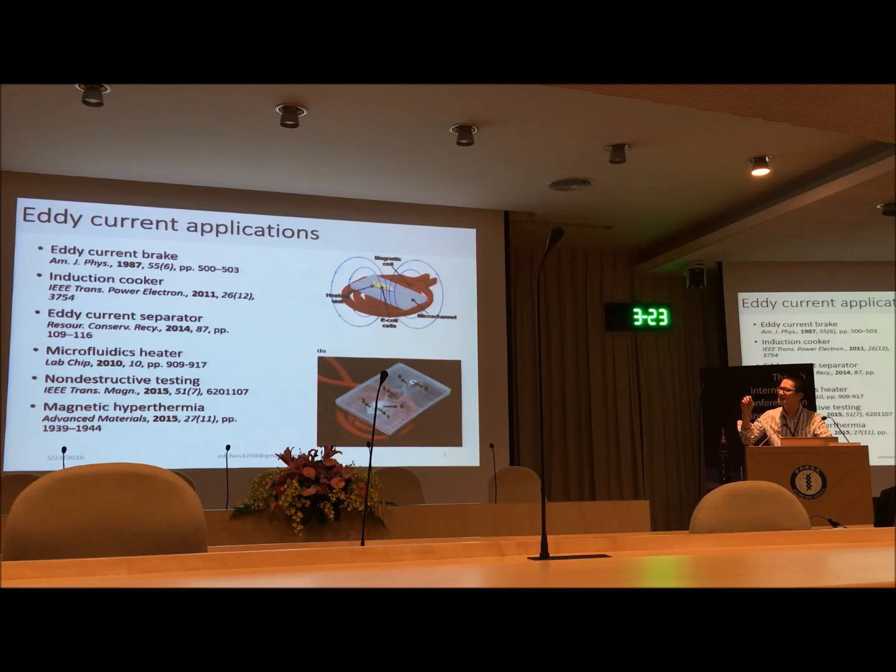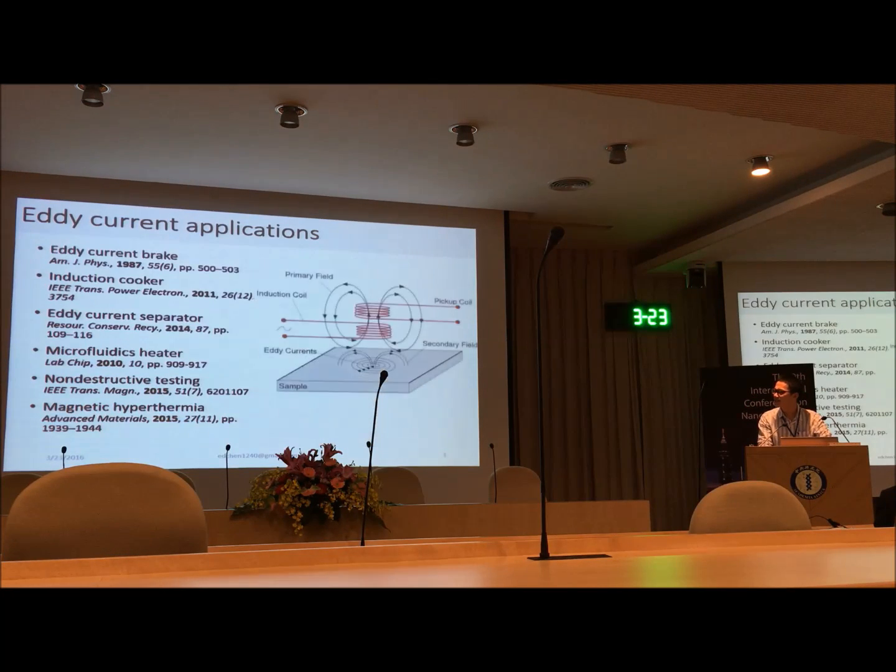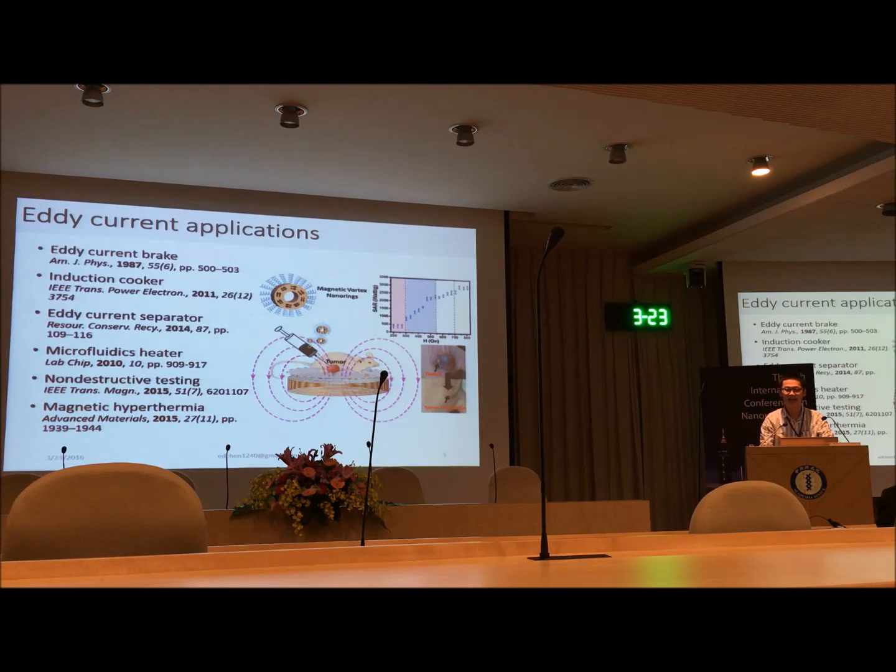It's kind of like a micro-scale induction cooker. And there are non-destructive testing and magnetic hyperthermia. They use conductive nanoparticles injected into the body and an external time variant magnetic field to heat up the particles, and the heat will shrink the cancer cells.